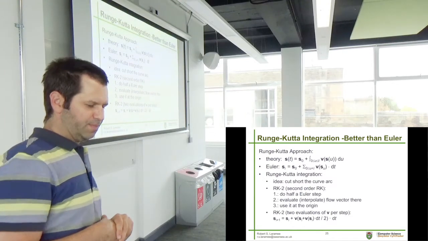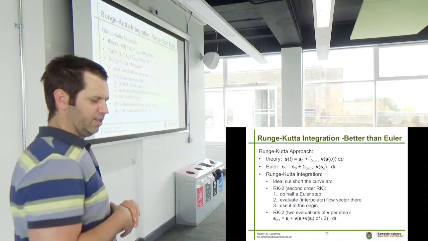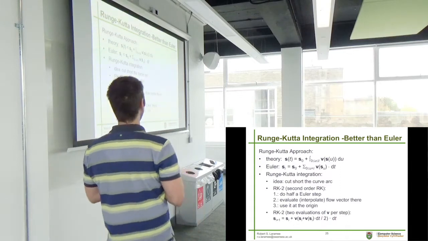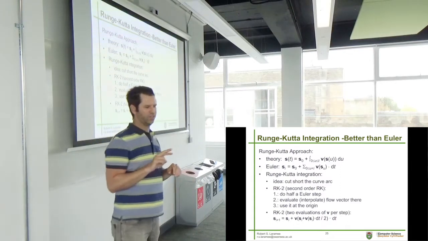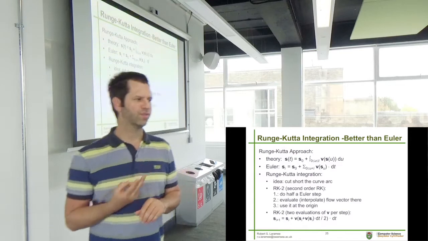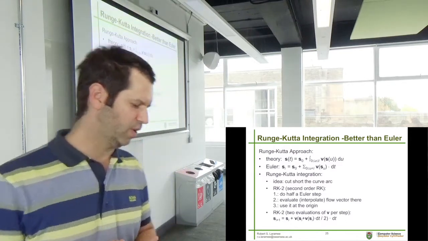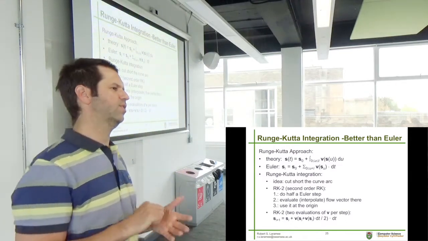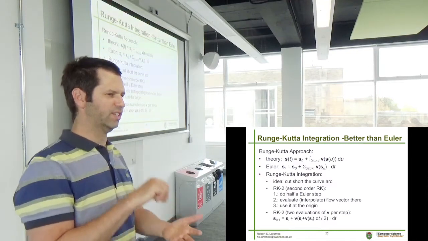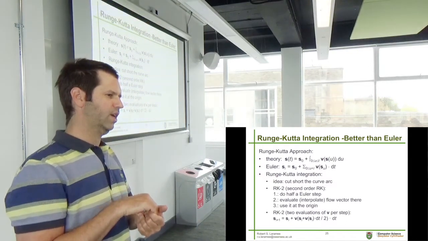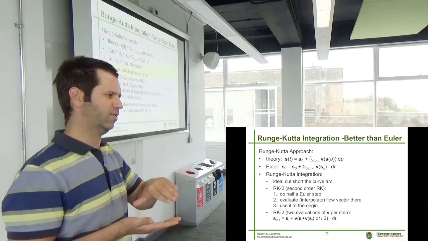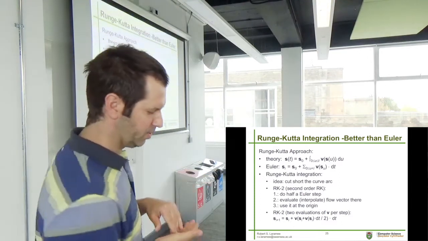That's because the Runge-Kutta integrator evaluates the velocity twice at two different positions. The Euler integrator only evaluates the velocity at one position, which is the seed position, and then approximates the flow there only.